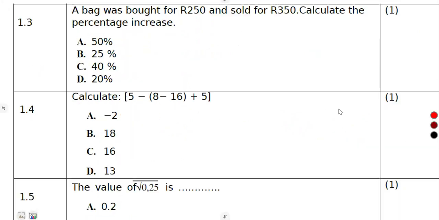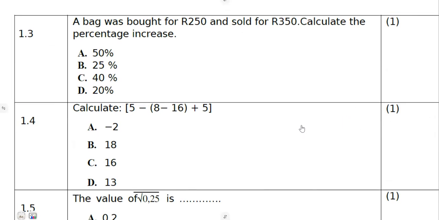All right. Then considering 1.3, a bag was bought for 250 and sold for 350 later on. Calculate the percentage increase, all right? So this one is easier, guys. We can simply work with an increase first.